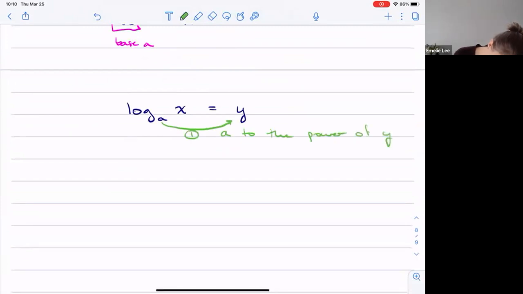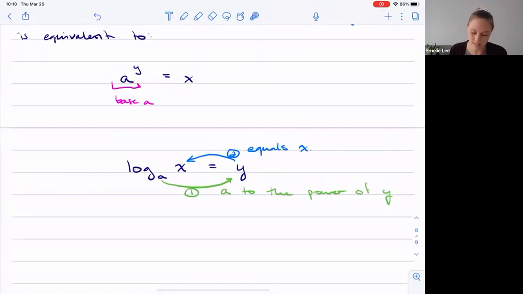This is my first step. And then my second step is going this way, equals x. So a to the power of y equals x. That's how I establish the relationship with log base a of x equals y.